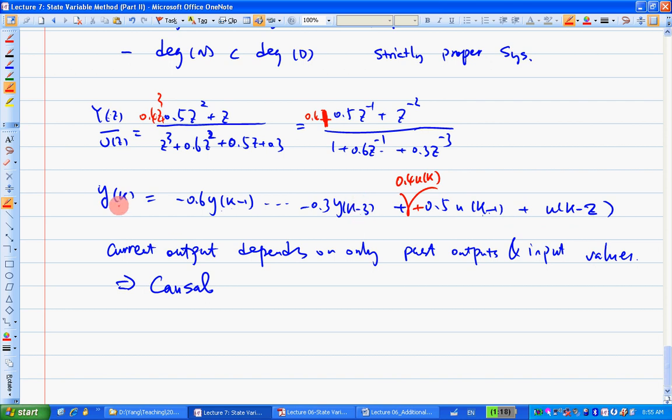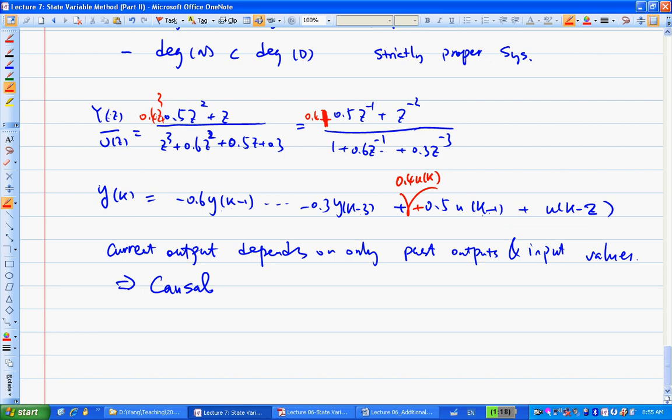So then, what does the current output depend on? It depends on the past output plus the present input, right? So in other words, if you give me a 3 volts input, the output immediately feels that.